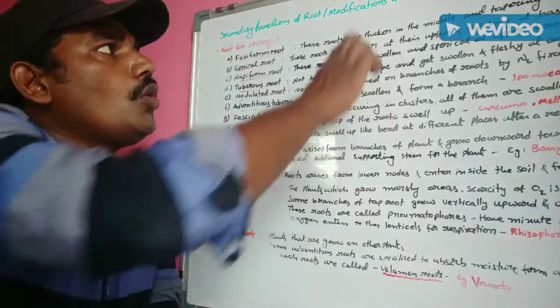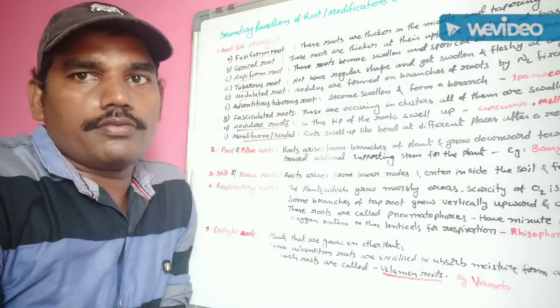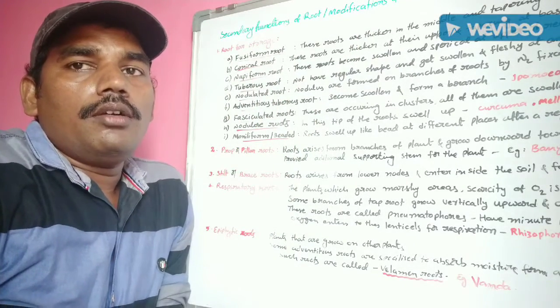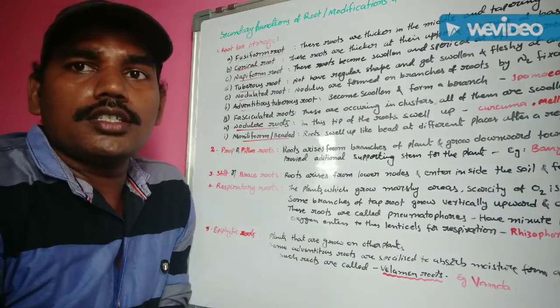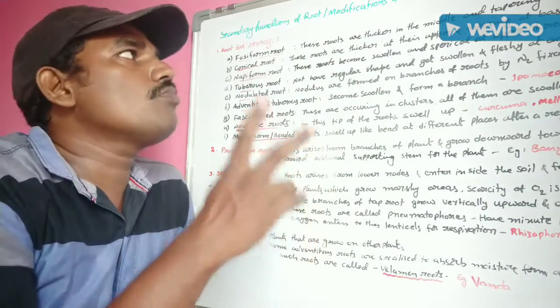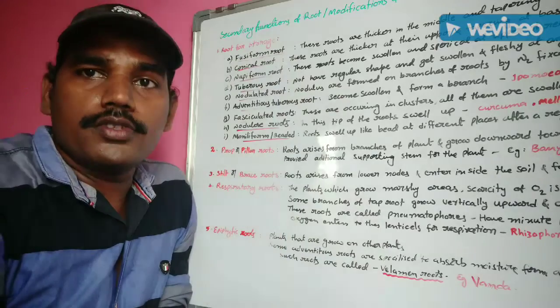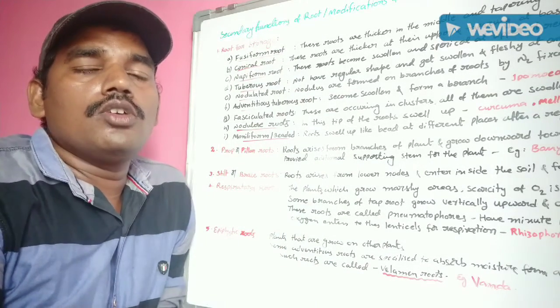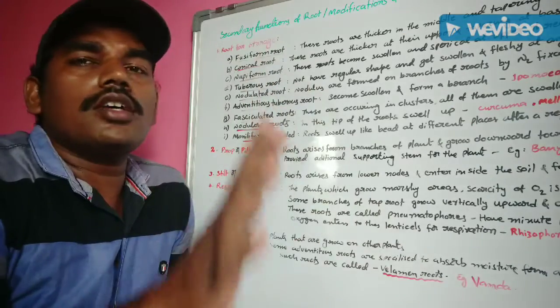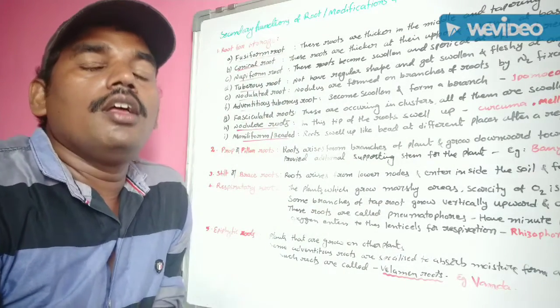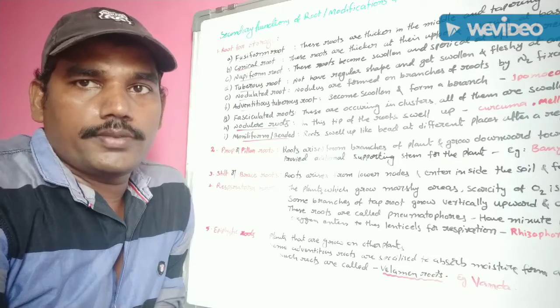So these are known as modifications of root. Because of performing some additional functions, the root is modified into different types of modifications. So the secondary functions of root are also known as modification of root.